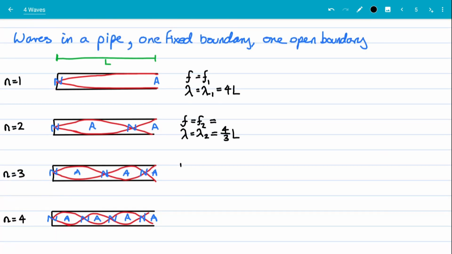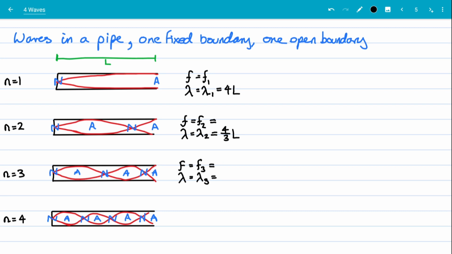And this one here, frequency is equal to F3. We'll worry about what the frequency is doing in a second. And the wavelength is equal to 4 over 5 now. Look, we've got one full wave and then a quarter of the wave. So it's 5/4 of a wavelength is L. It's 1 plus 1/4, so 5/4.